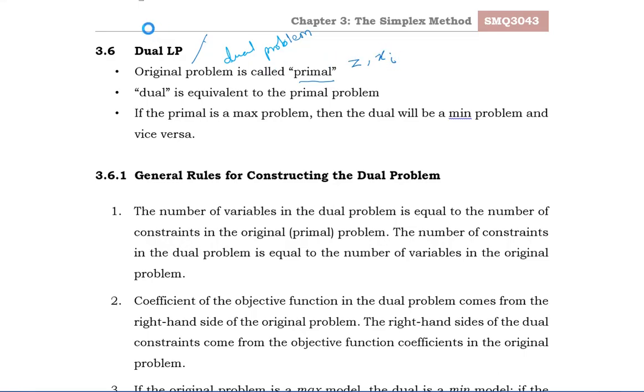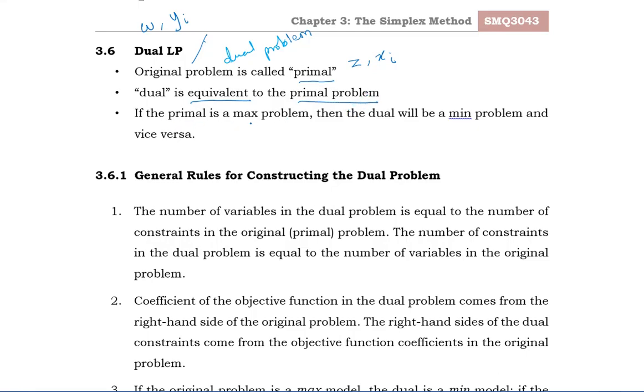But for dual, the objective function is denoted by w and the decision variables yi. The dual problem is actually equivalent to the primal problem.